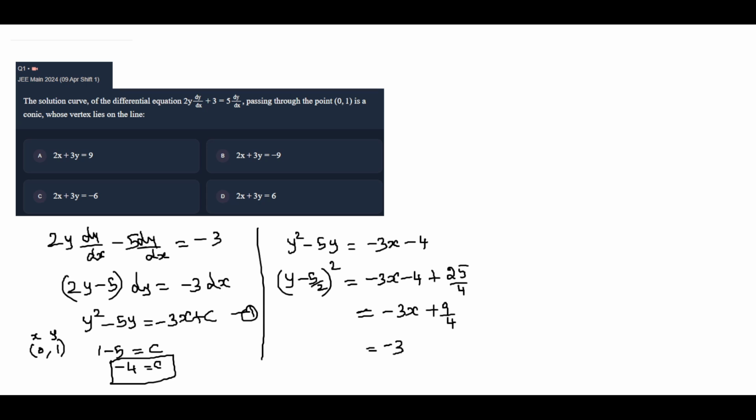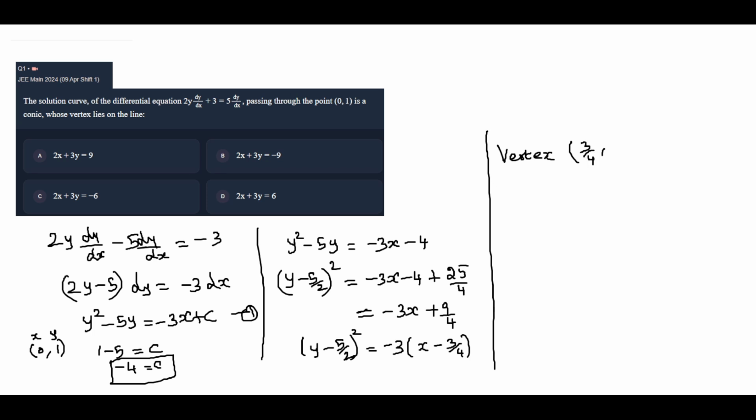Take minus 3 common, so you will get x minus 3 by 4. So (y minus 5 by 2) whole square is equal to minus 3 times (x minus 3 by 4). Now the vertex: it is an open leftward parabola, so the vertex is (3 by 4, 5 by 2).